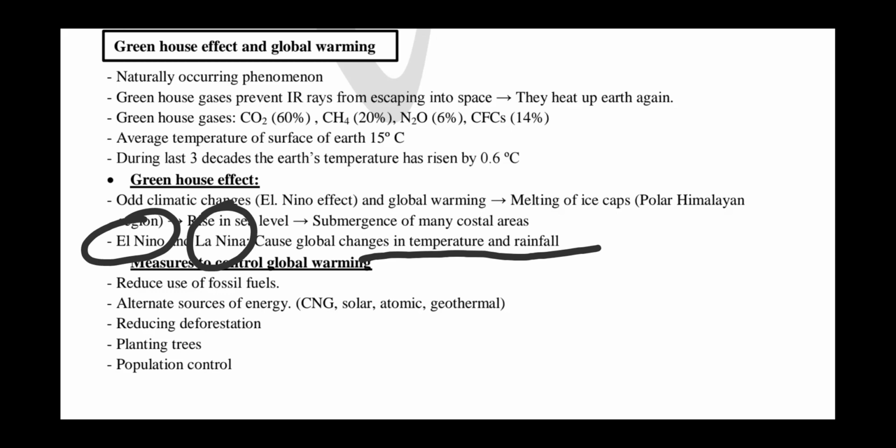That's why we feel fluctuation in the weather cycle nowadays due to global warming. First, the effect of greenhouse gases leads to global warming, and we feel that fluctuation in the weather cycle. So the temperature increase leads to changes in the environment, resulting in odd climatic changes that we call the El Nino effect. Greenhouse effect.